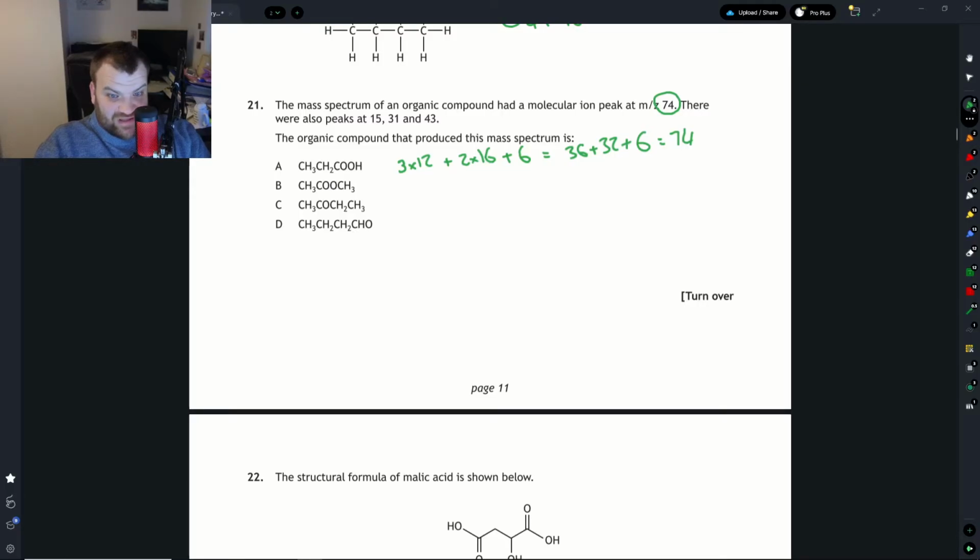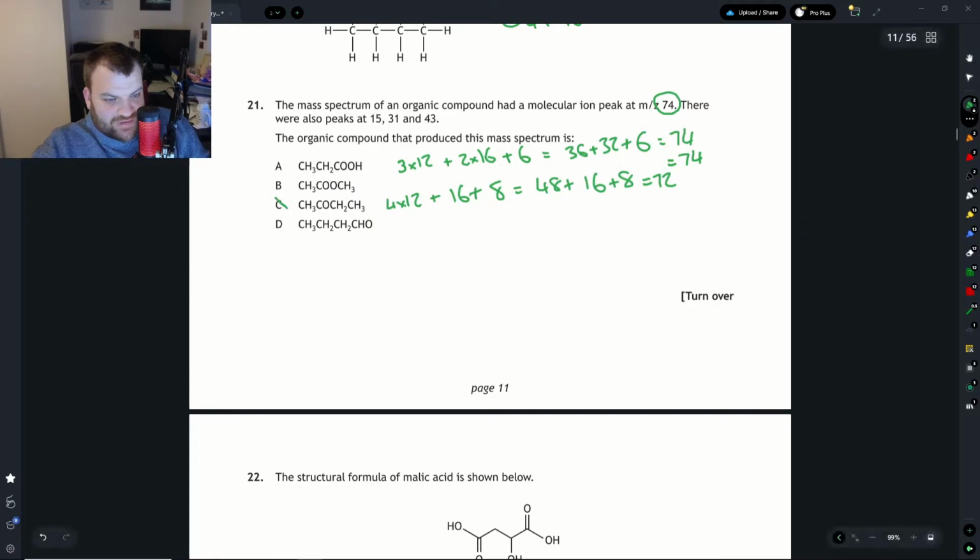We've got the exact same again for the next one. That would be 74 as well. We've got 1, 2, 3, 4 carbons. That'll be 4 times 12 plus 1 oxygen this time, plus 8 hydrogens. That's 48 plus 16 plus 8. That's going to rule that out as our answer.